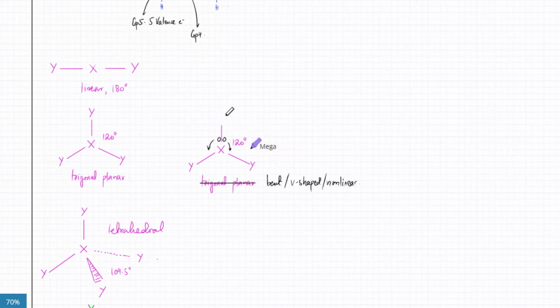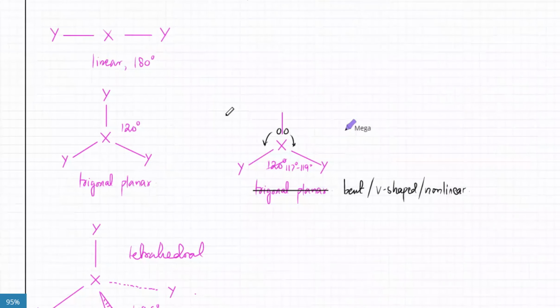Instead of being 120, it decreases to somewhere between 117 to 119 degrees. Remember this, lone pairs are always closer to the atom because they're not getting pulled by some other atom on the third side, which is why the angles shrink.